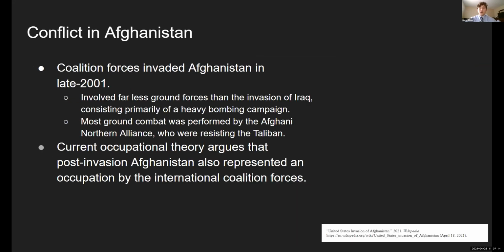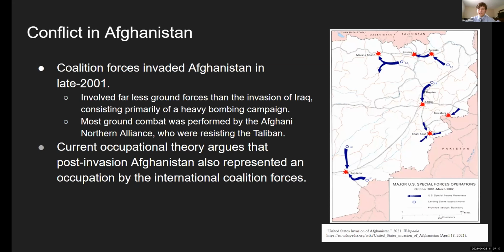So next is the other major international conflict, the conflict in Afghanistan. This was a little different, as coalition forces invaded Afghanistan in late 2001, but it was a lot less military personnel, a lot less ground combat by our forces. Most of the ground combat was performed by the Afghani Northern Alliance, a military front of Afghani locals who we were allied with.